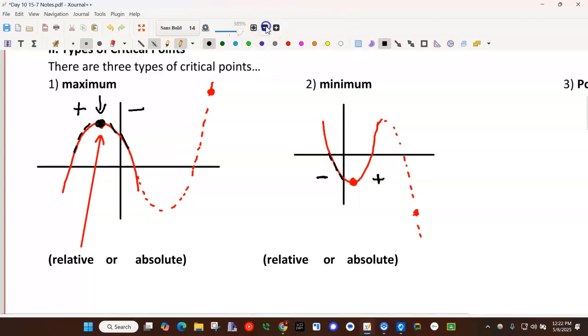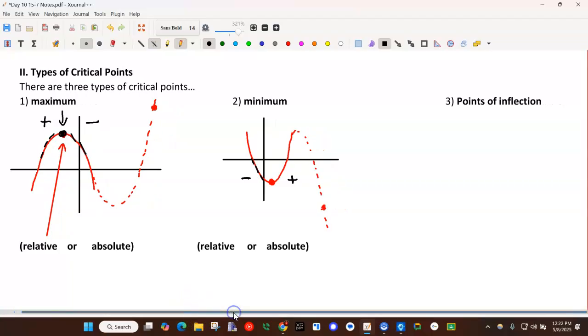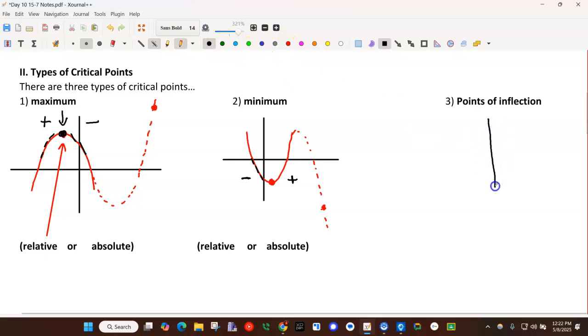Let's look at the newer one, point of inflection. So what is that? This occurred, I think, on a few of the problems yesterday, maybe one or two. Points of inflection occur when it goes plus plus or minus minus.